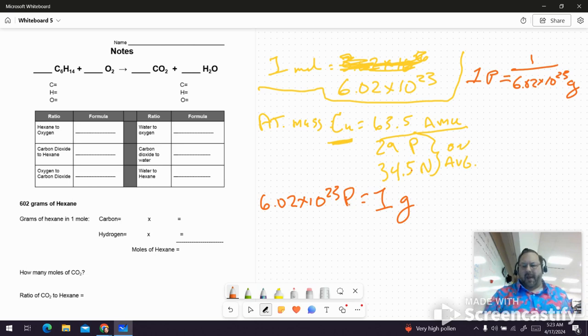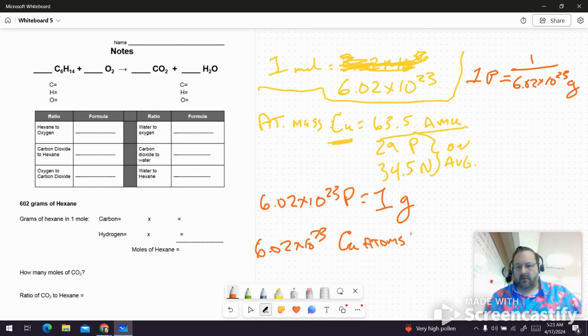That many protons is equal to 1 gram, which means, think about this, if I had 6.02 times 10 to the 23rd copper atoms, what would that weigh? It's actually really easy. It would weigh 63.5 grams.